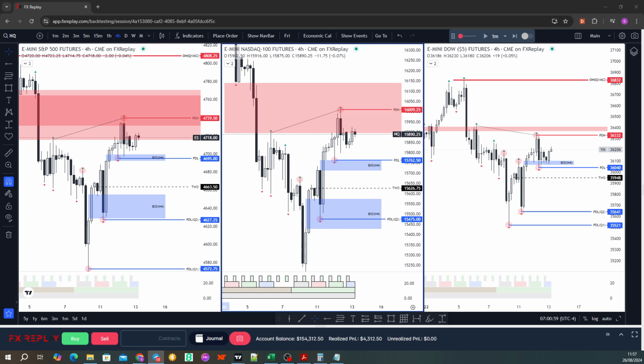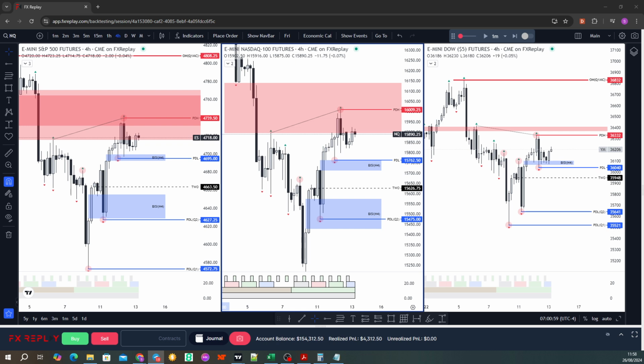Well, we can see that the market has been manipulating old lows whilst displacing through old highs.